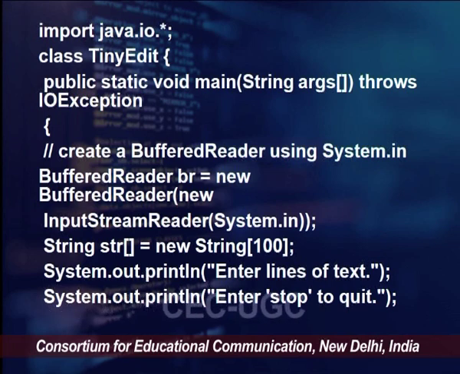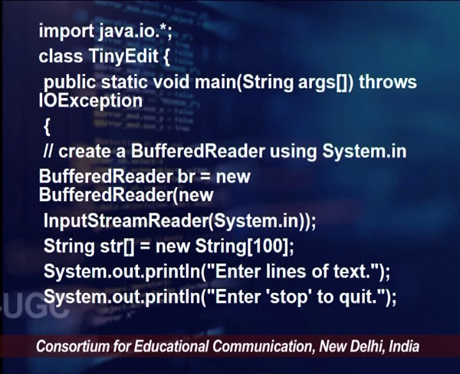This whole statement explains that whatever is coming from System.in is being fed into this buffered reader, and in order to store the input, we have an array of string objects.